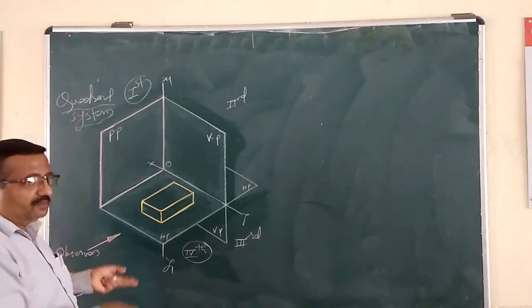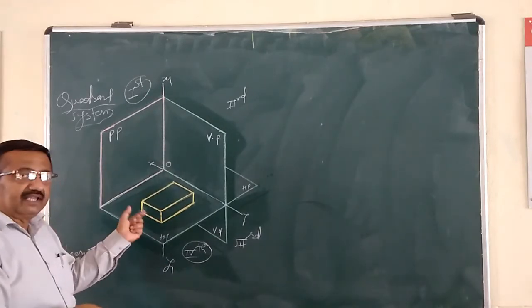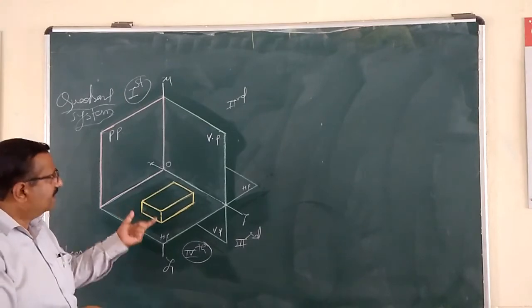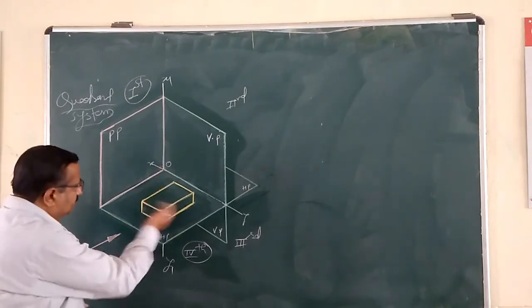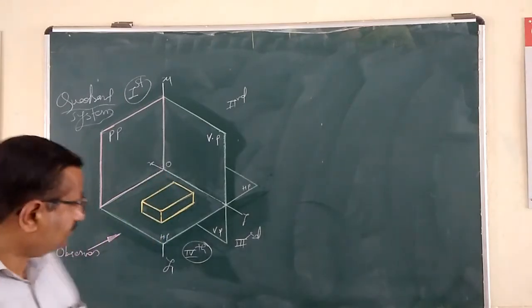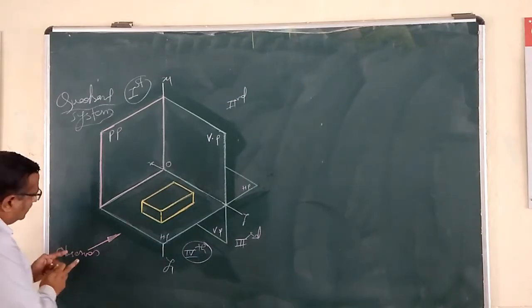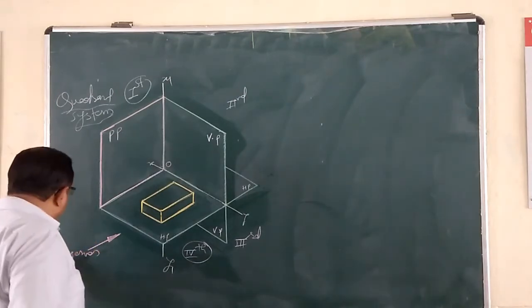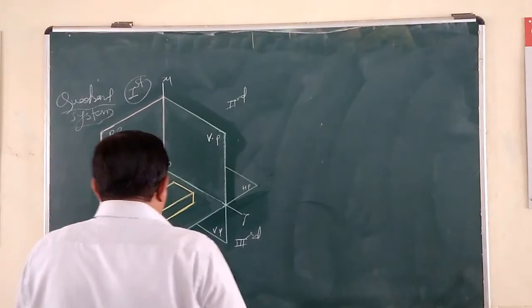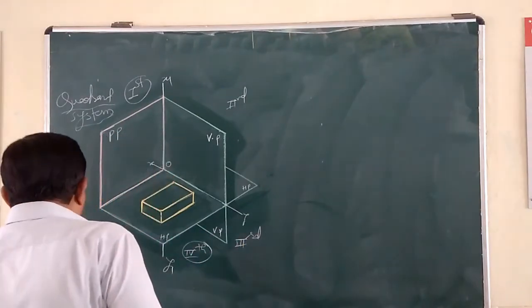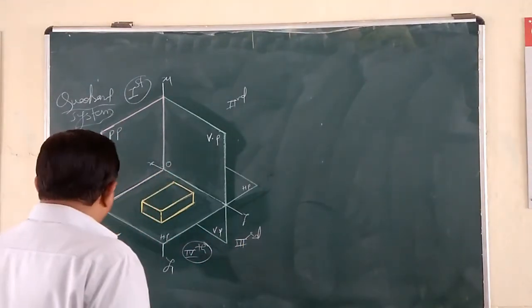And a three-dimensional object carrying length, width, and height as the three prime parameters has been kept in the first quadrant. I have shown the observer's direction of observation. It is shown here. When I stand over here, on my left hand the arrow is shown.